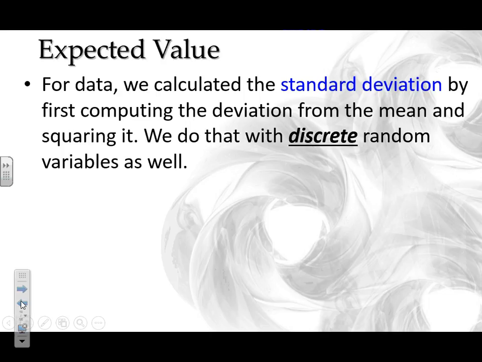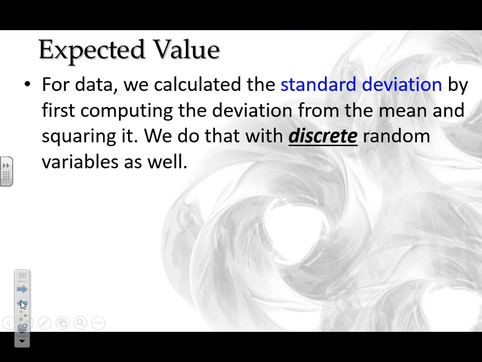But first of all, we know that 1.5 heads is not a possibility if I do it 1 time. Also, I know that my different values are going to vary every time I do it. So we need to know how much spread is around that center value. How much can we expect our values to deviate from that expected value? That's where standard deviation is going to come into play.